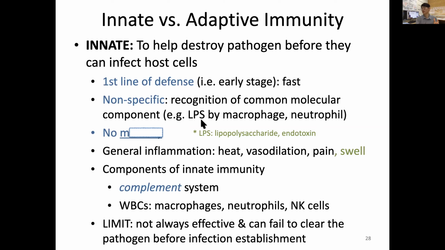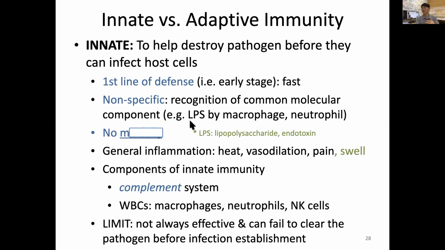For example, LPS, or lipopolysaccharide, which the outer membrane of gram-negative bacteria has. Our innate immune cells, such as macrophages or neutrophils, will see LPS, and then they directly attack this external invader.